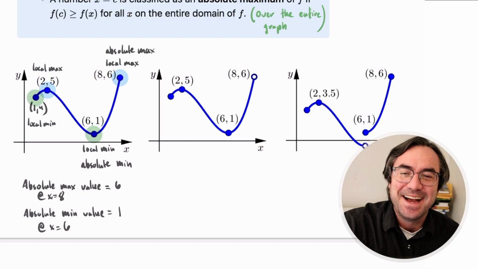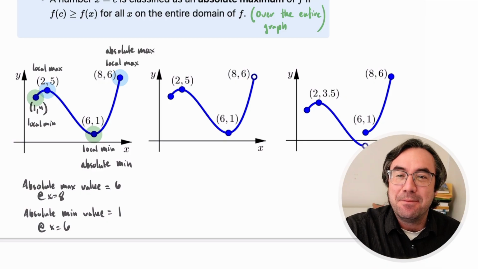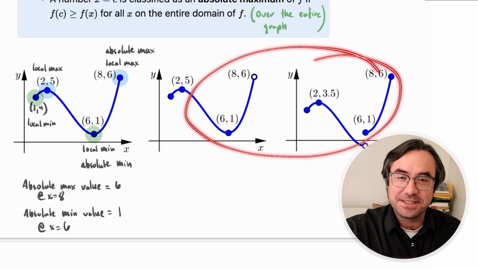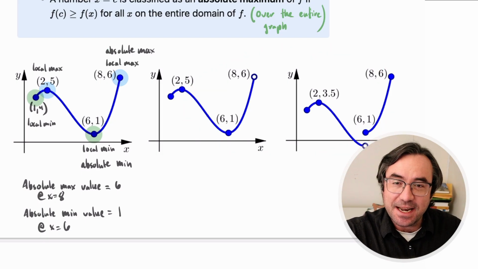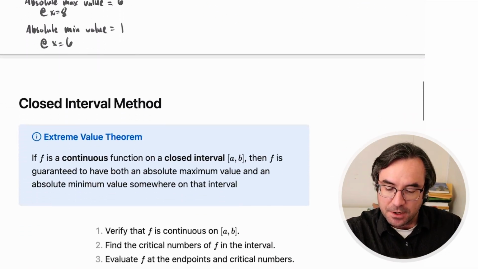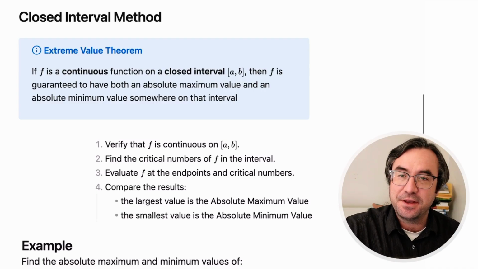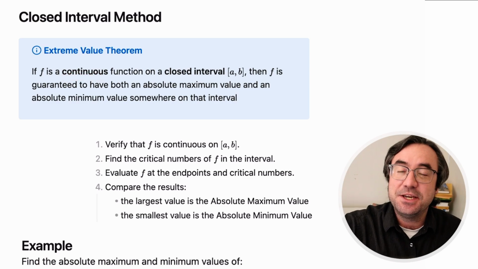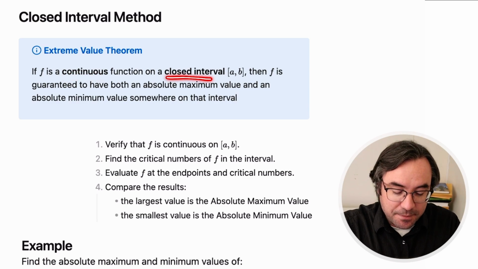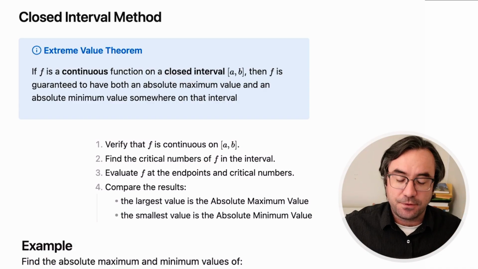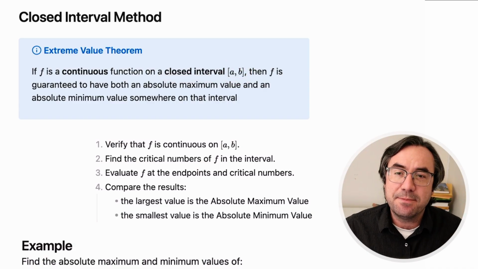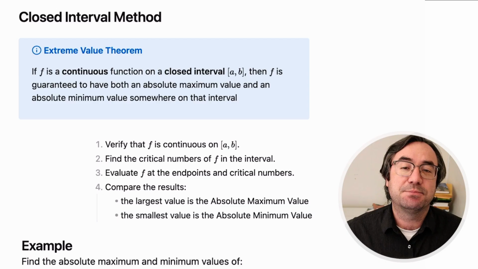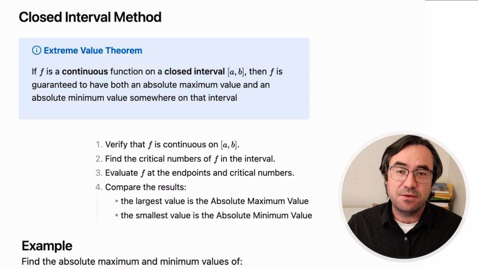I think we'll end it there. In class, we're going to consider these other examples, and this is setting us up for something called the closed interval method and the extreme value theorem. If we're dealing with a continuous function, and we're only looking at a closed interval, going from endpoint to endpoint, then our function is guaranteed to have both an absolute max value and an absolute min value.